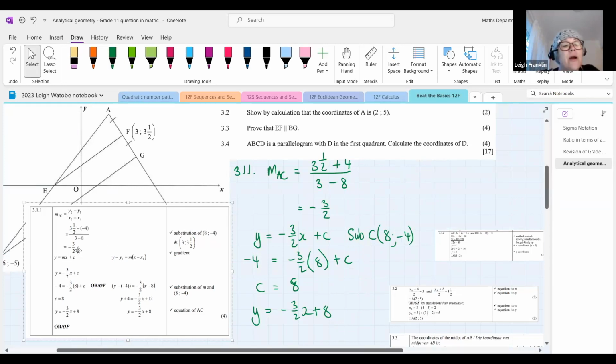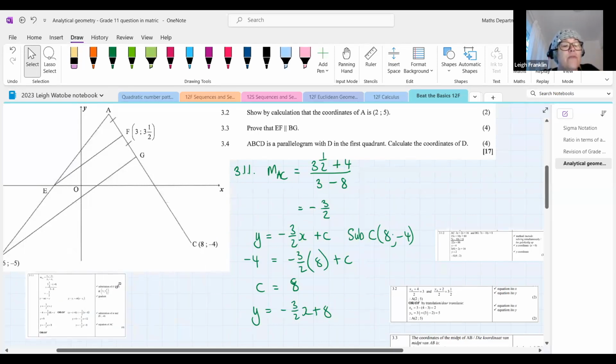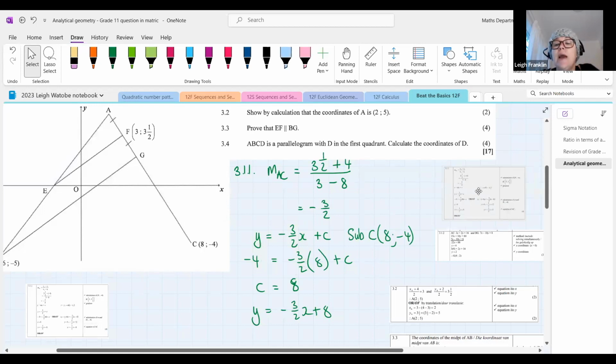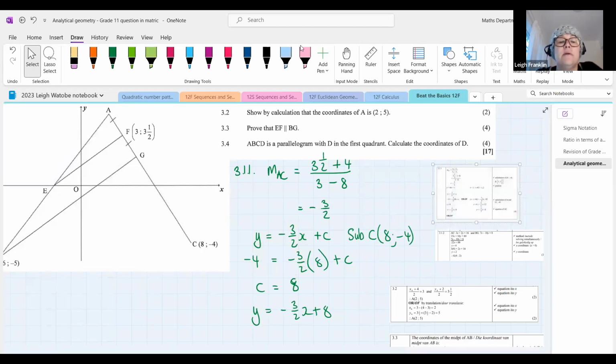They've worked out the gradient of AC or FC, subbed in the point, and then got that answer. So there you can see subbing in of the values into the gradient formula, calculating the gradient, using that gradient, and then subbing in the 8 and -4, and then getting the equation of AC. Okay, everybody happy with that? Yes, sorted.